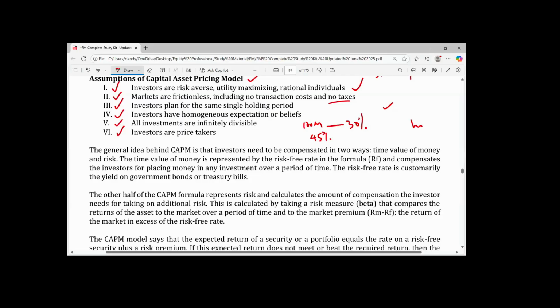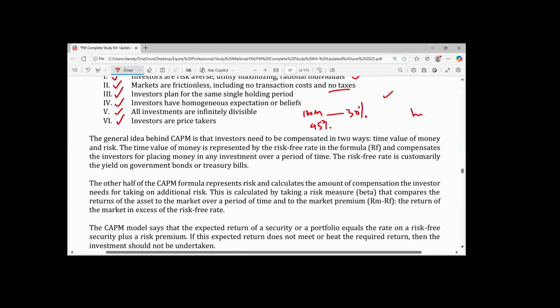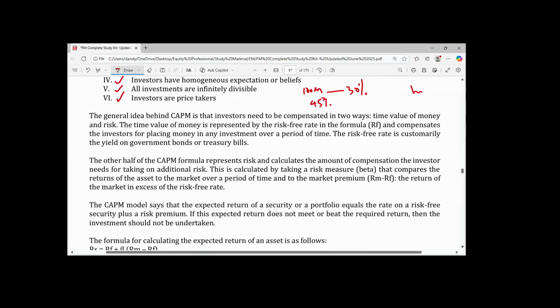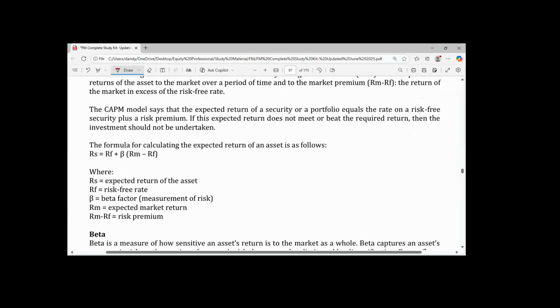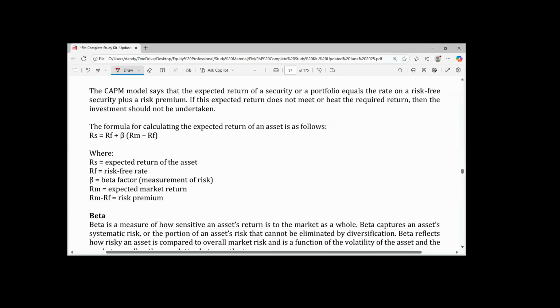Okay, so without wasting more time, let's talk about how to estimate, even though we have done it in the past, the capital asset pricing model. How do you calculate CAPM? In the CAPM formula, there are two sides: the return part and also the risk part.